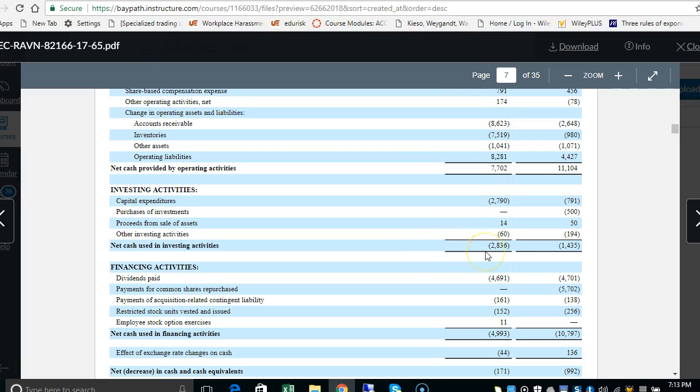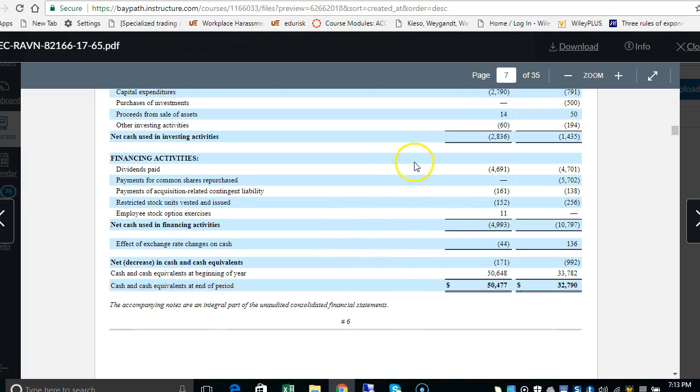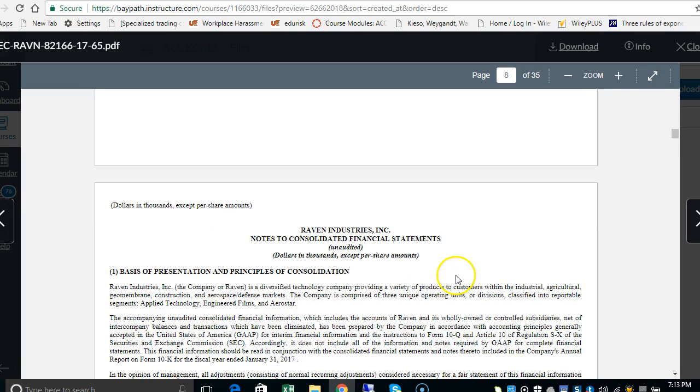Investing activities, we purchased capital equipment. Financing activities, they paid out dividends, it made up most of that. Restricted stock, vested, payments and acquisitions related to contingent liability, which they'll explain later on, and so on.